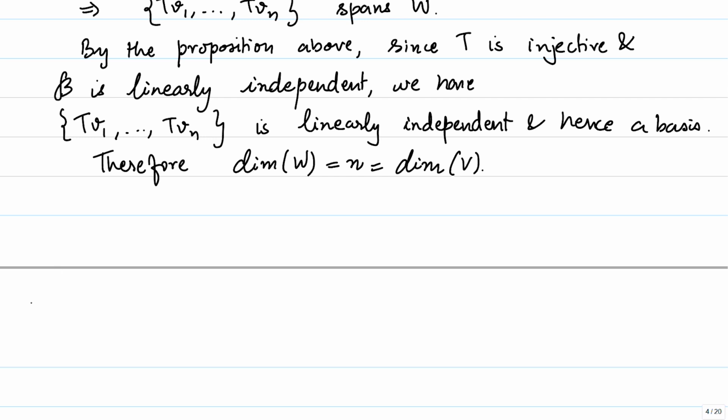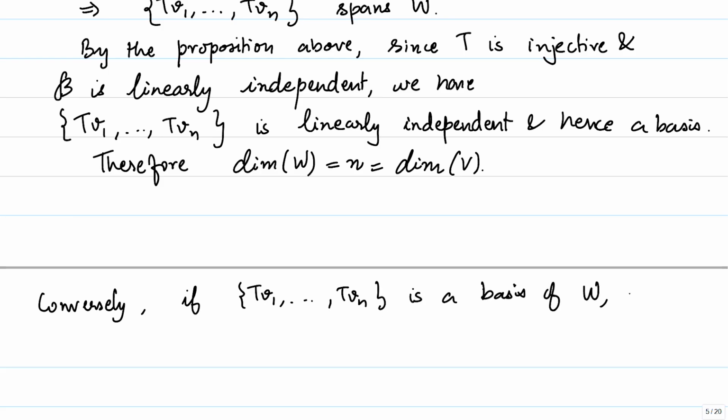The converse is quite straightforward. Conversely, if TV1 to Tvn is a basis of W, then V1 to Vn is a basis of V.